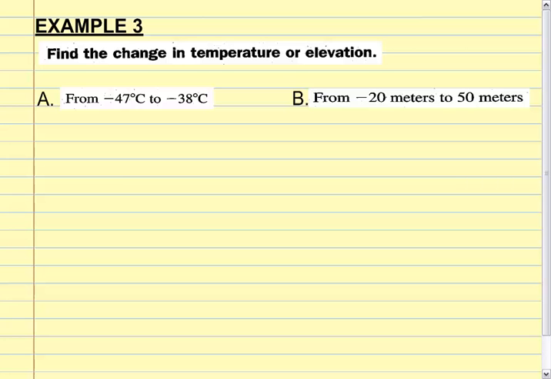And I said, well, find the change in Katia's height. Well, you would take 62 and subtract 53. You take the new minus the old, and it gives you the change. In this case it would be 9 inches. We're going to use that same model with these two problems.